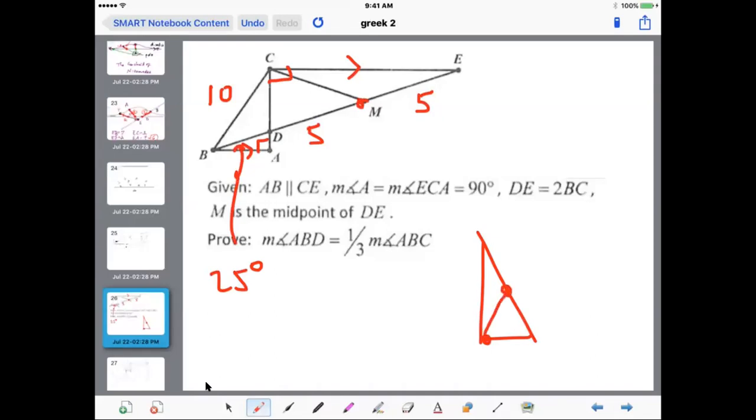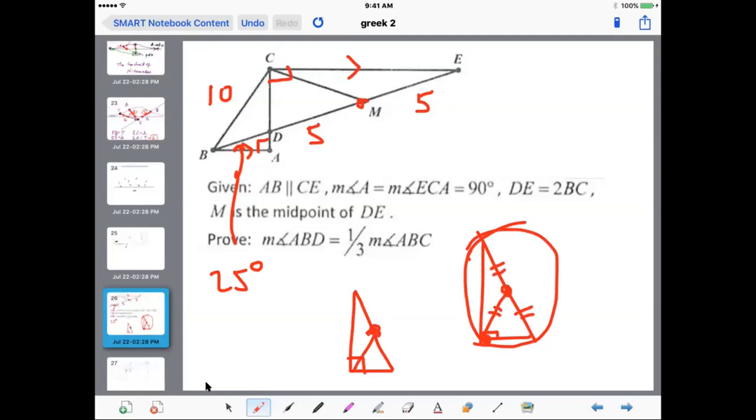If you draw this line segment, it will always be the same length as half the hypotenuse. The reason that's true is because if we stuck a circle around it, they would all be radii of that circle. But I'm just telling you, this is a theorem from math that's going to come in handy now. Anytime you have a right triangle, if you connect the midpoint of the hypotenuse to the vertex at the right angle, these three line segments will always be equal to each other, which means you could put a 5 here also.